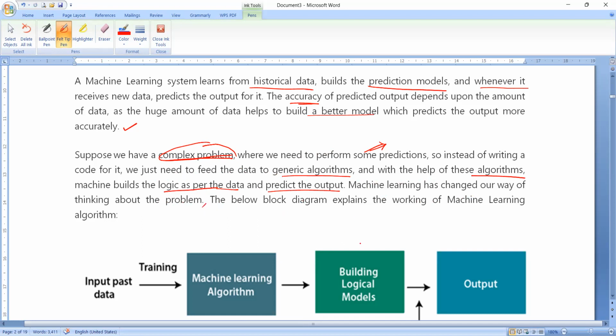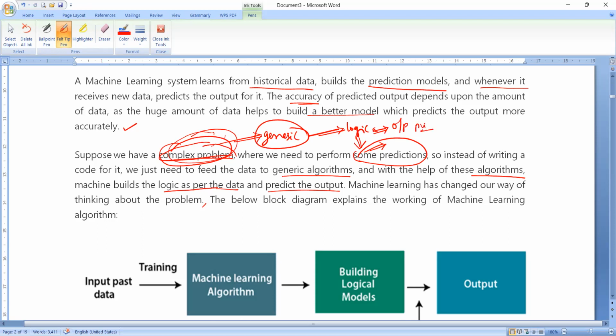The block diagram explains the machine learning algorithms here. Whenever we have a complex problem where we need to perform some predictions, we don't need to write a program for the predictions. The complex problem and the data related to it are given to the generic algorithms, and these generic algorithms build a logic out of the data which we provided, and based on that logic the output is predicted.